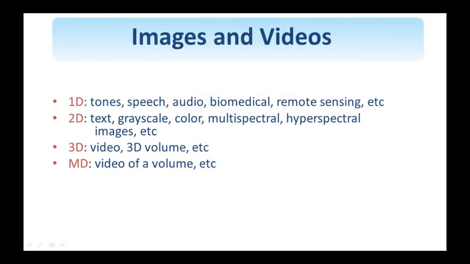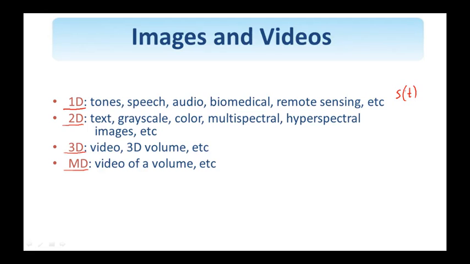Depending on the number of the independent variables, signals can be classified into one-dimensional, two-dimensional, three-dimensional, or in general, multidimensional. So tone, speech, audio, biomedical are one-dimensional, typically a function of time.